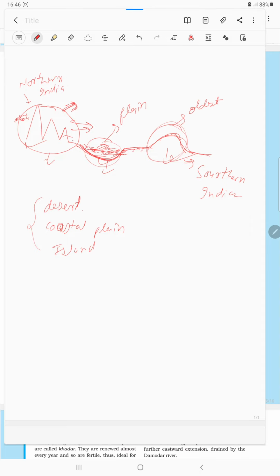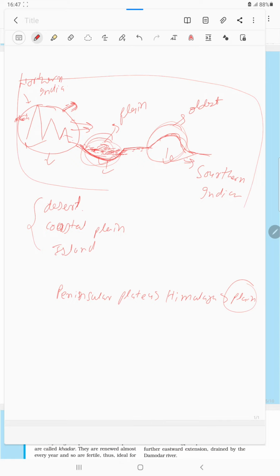If a question is asked in the exam about the order in which they formed, you can just write: peninsular plateau formed earlier, then Himalaya, then the northern plain. So the northern plain is the newest one. Clear?